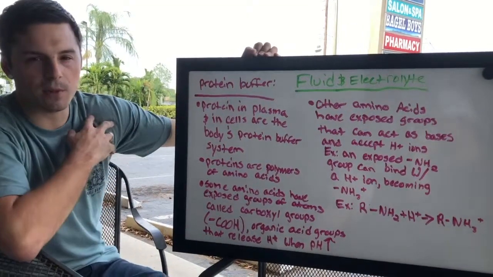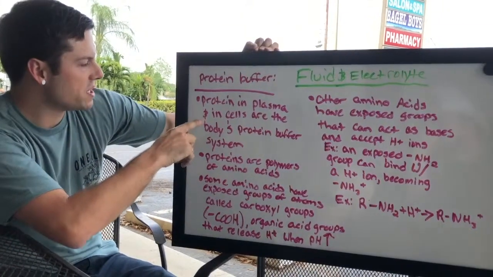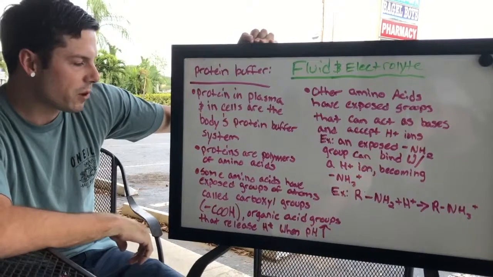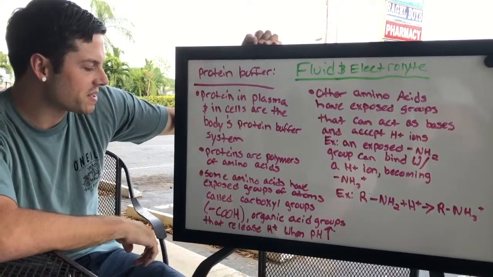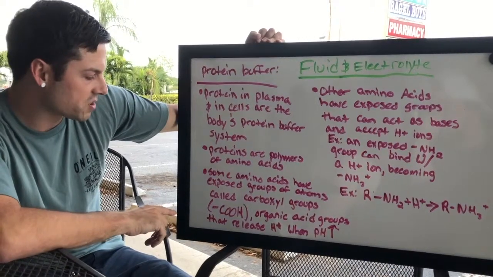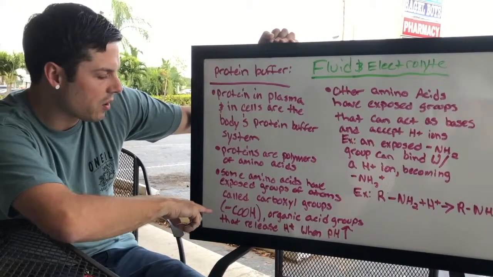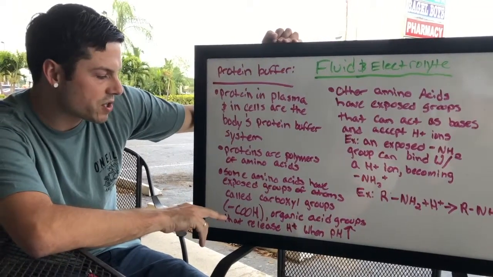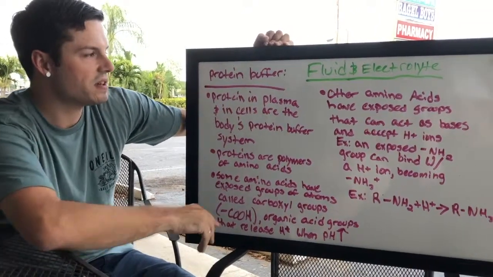All right, next we have the protein buffer system. Proteins in plasma and in cells are the body's protein buffer system. Proteins are polymers of amino acids. Some amino acids have exposed groups of atoms called carboxyl groups, COOH, which are organic acid groups that release hydrogen ions when pH rises.